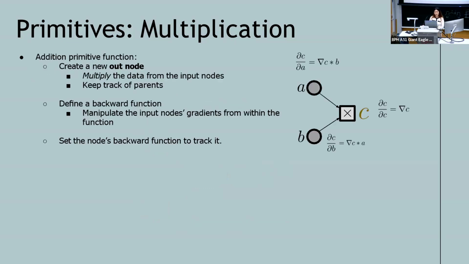For the implementation of the multiplication primitive, it's the same thing. We create the new output node, and then we multiply the data from the two input nodes, and then we keep track of the parents in the set, and then we define the backward function. In this backward function, we add the multiplication gradients from the node, and finally, we set the node's backward function to track it.